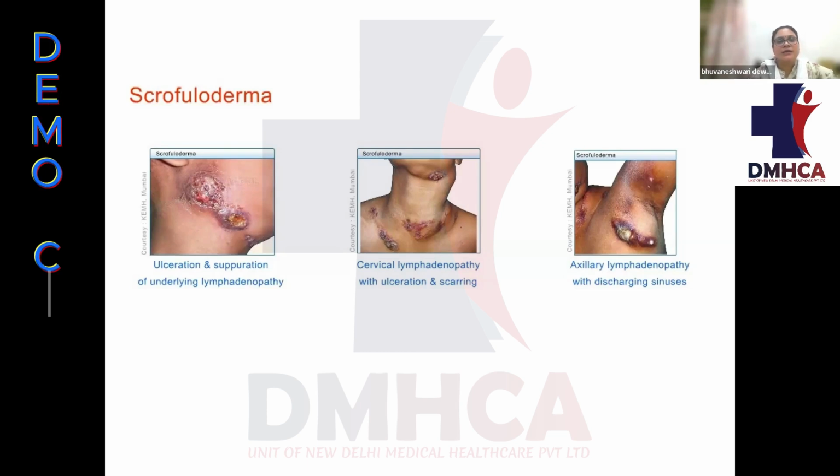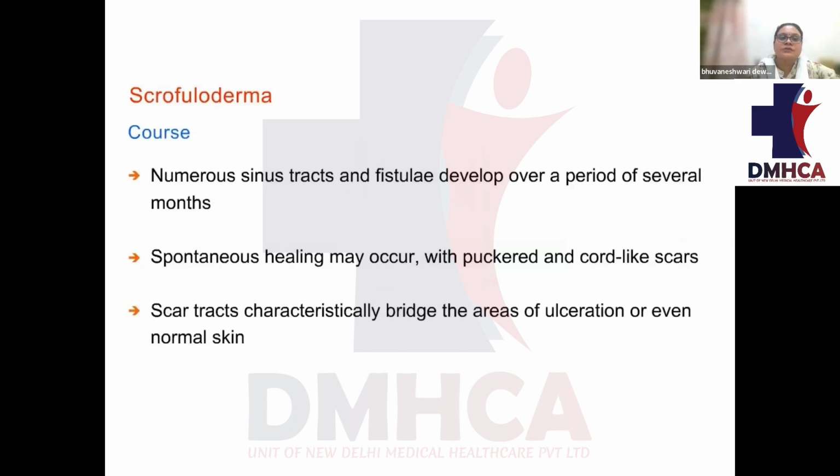It is characterized by a granulomatous, ulcerative or suppurative skin lesion along with lymphadenopathy that may form scarring or may cause the formation of discharging sinuses. These numerous sinus tracts and fistulae develop over a period of several months, and spontaneous healing may occur with puckered and cord-like scars forming.